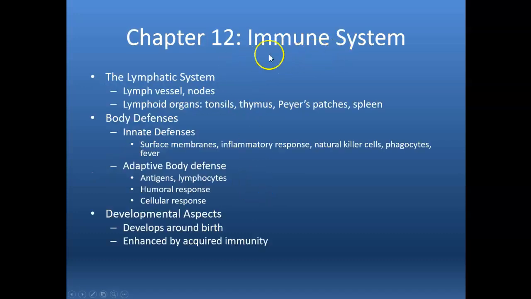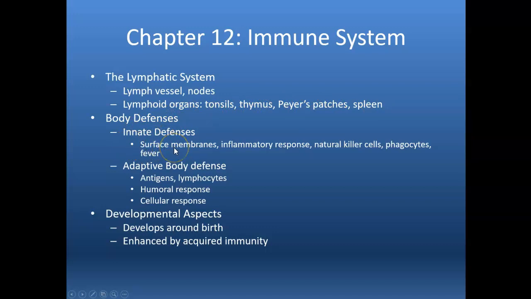For Chapter 12, which is the immune system, we looked at the lymphatic system, so lymph nodes, lymph vessels, lymph vessel fluid, the lymphatic organs, tonsils, the thymus, Peyer's patch, the spleen. You should be familiar with where they are, what they do. Body defenses, we looked at innate defenses.